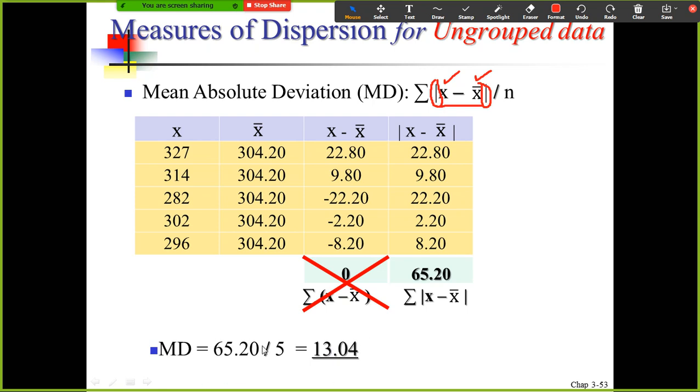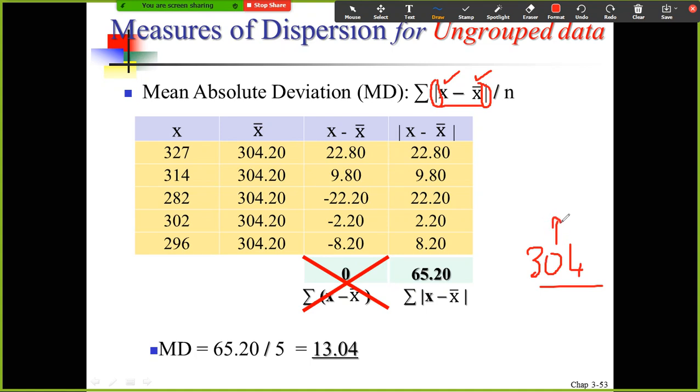So the mean deviation is the gap between the highest value and the mean, and the lowest value and the mean, but in this case in terms of average, not in terms of actual values. So I can say that the average number of students taking statistics during the last 5 years is 304 every year, but some years it is greater than average by 13, some years less than average by 13.